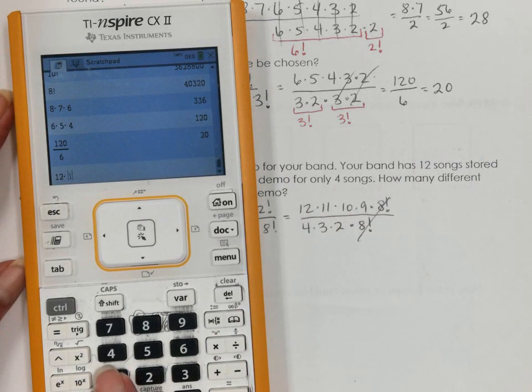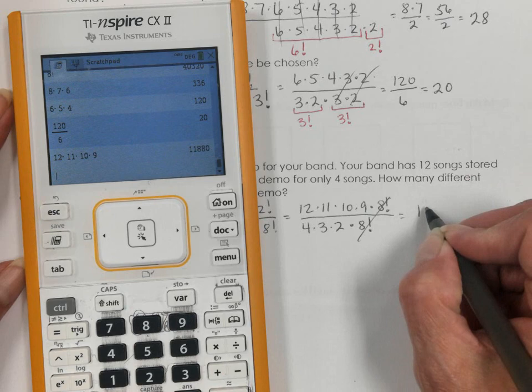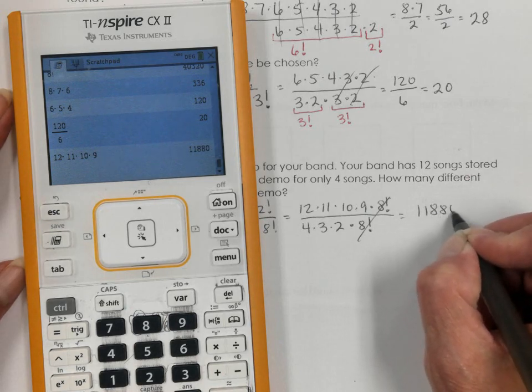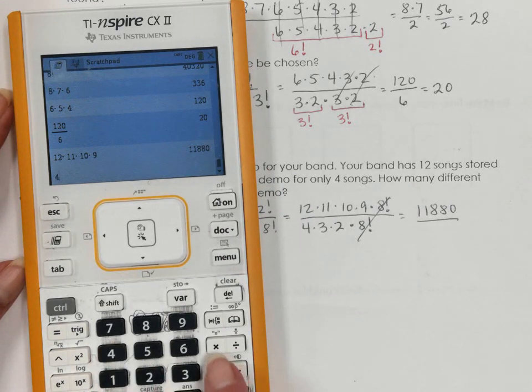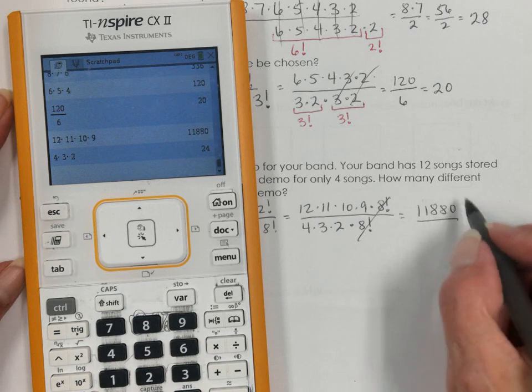12 times 11 times 10 times 9 gives me 11,880. And my denominator is 4 times 3 times 2, and that gives me 24.